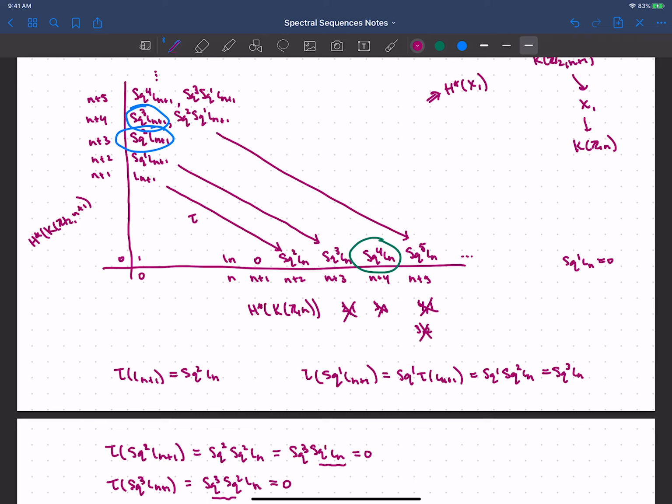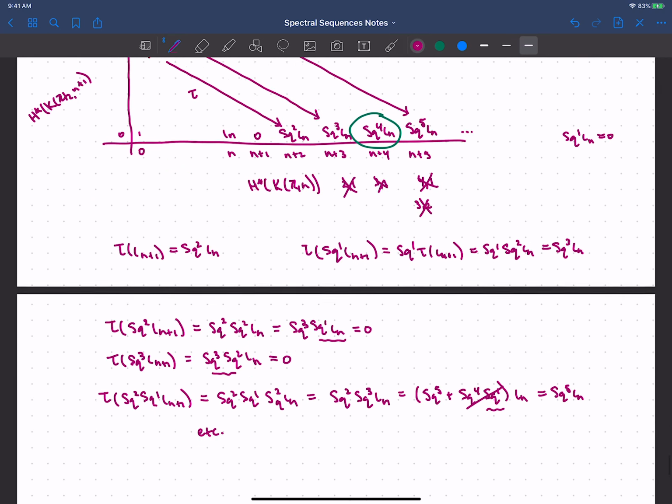So we're going to want to look at total degrees, and we see, oh yeah, in total degree n, we've just got this iota n. Then we've got nothing in total degree n plus 1, nothing in total degree n plus 2. We do have something in total degree n plus 3, and 2 things in total degree n plus 4. So let me write that down.